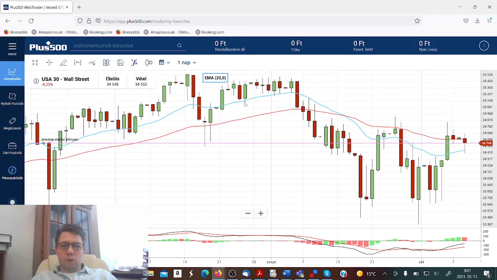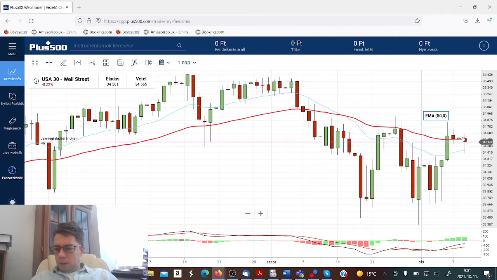Let's start with Dow Jones. This is the daily chart, Dow Jones. And as you can see here, we may have formed a double pattern, a W pattern. Right now we are under the 50-day EMA.